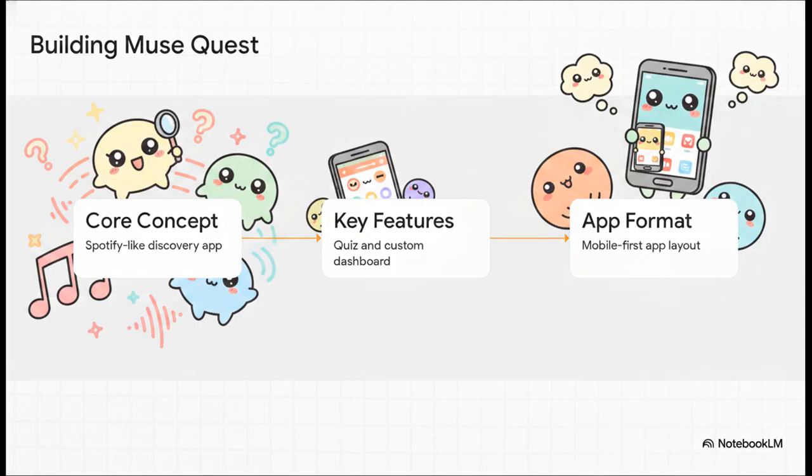First up, the concept. We want it to feel kind of like Spotify, but heavily focused on discovering completely new genres. Second, the features. We're mandating a discovery quiz that figures out your specific music taste, plus a personalized dashboard to track your listening history.